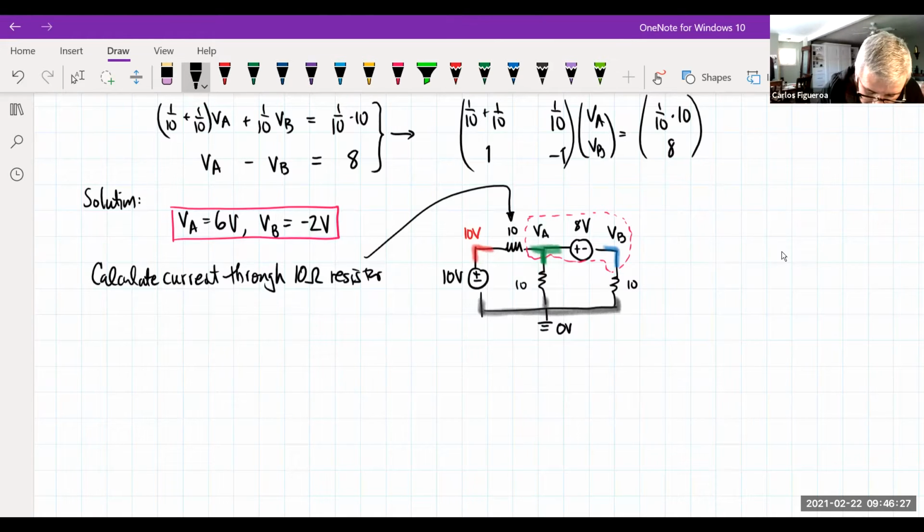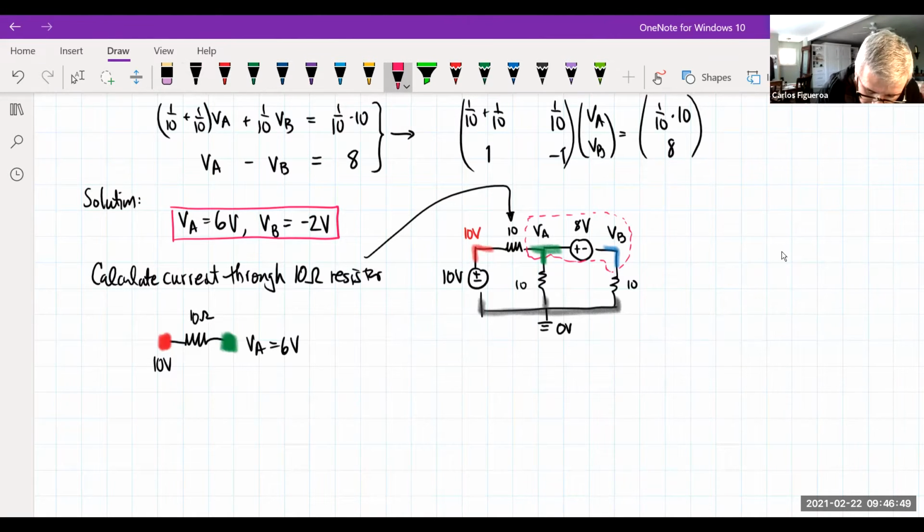So when I'm looking at that resistor, it has a node voltage of 10 volts. And we just calculated VA. So when I look at VA, we're seeing here that VA is equal to 6 volts. And this is, of course, a 10 ohm resistor.